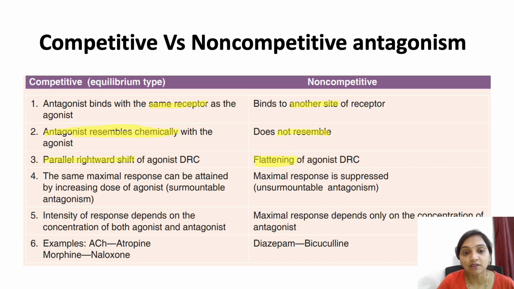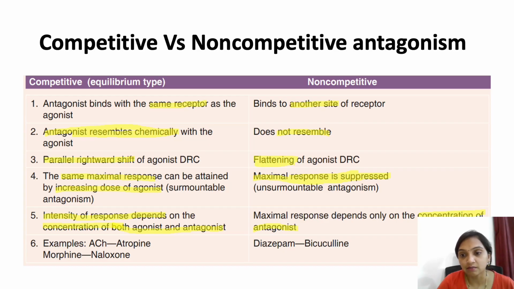In case of competitive antagonism the maximum response can be attained by increasing the dose of agonist, whereas here the maximum response is suppressed. In competitive antagonism, the intensity of response depends on the concentration of both agonist and antagonist, but in case of non-competitive it will only depend on the concentration of antagonist.